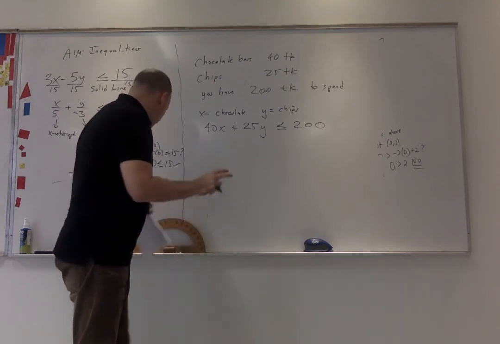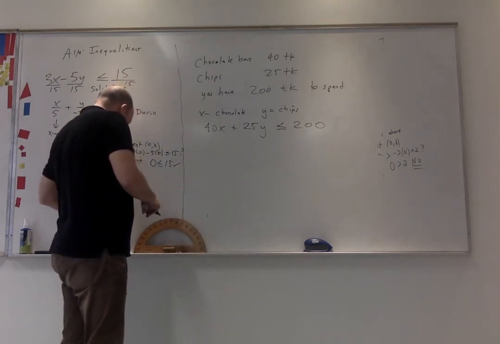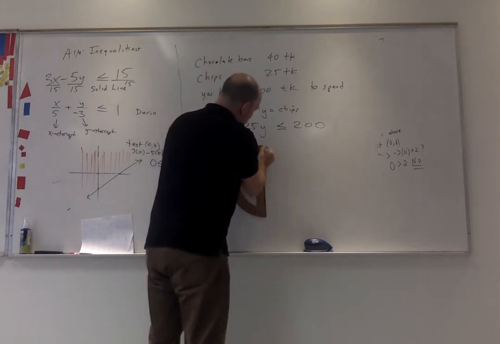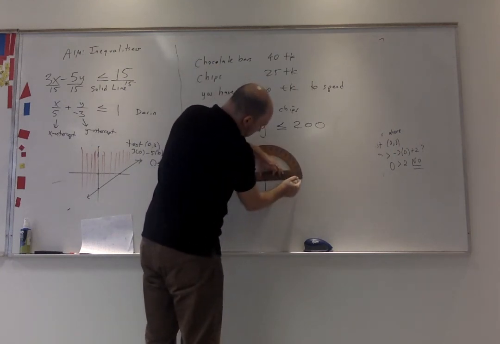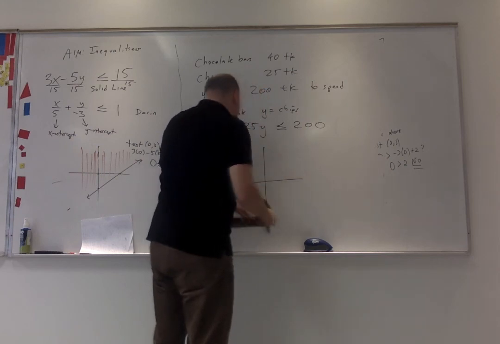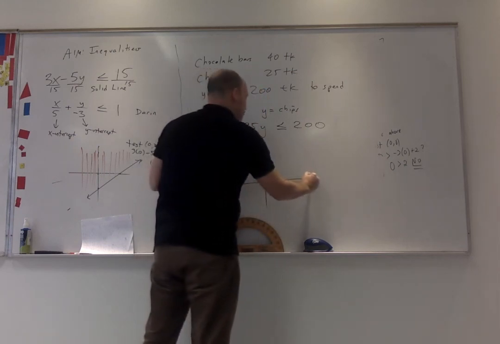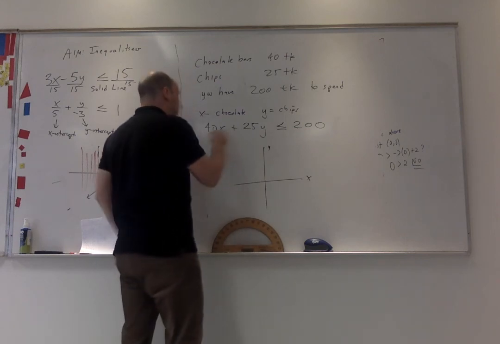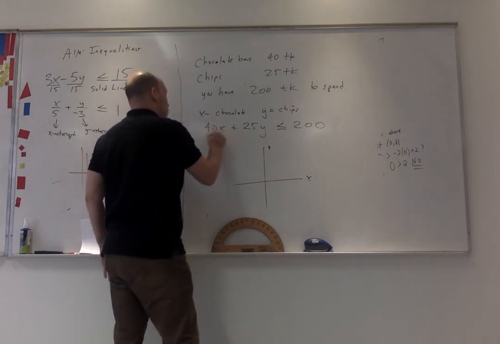Now, there's one more restriction. But you say, I'm fine, Mr. Adler, I'm just going to graph it, because there's an equation here. And here's your X, here's your Y, and you're going to say, Mr. Adler, I'm going to use the trick you taught me, Dareen's trick, divide everything by 200.